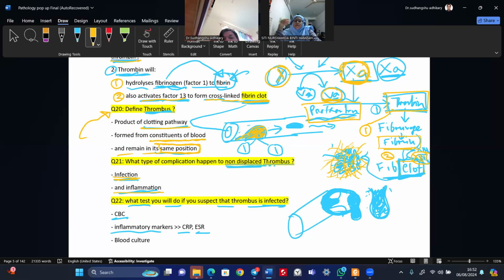If we say specifically embolism, like DVT, deep vein thrombosis, a thrombus can lead to thromboembolic stroke. So the thrombus is dislodged and now it became an embolus.